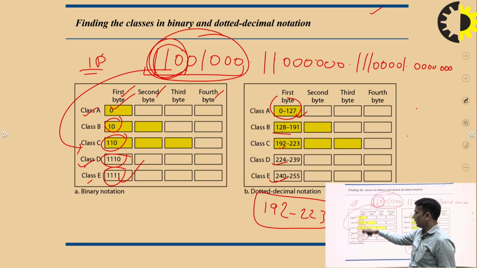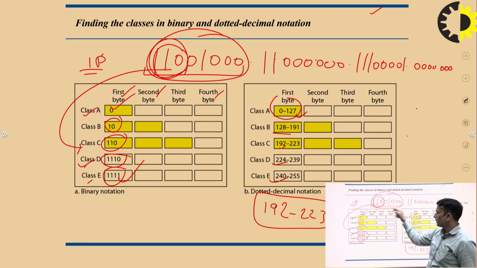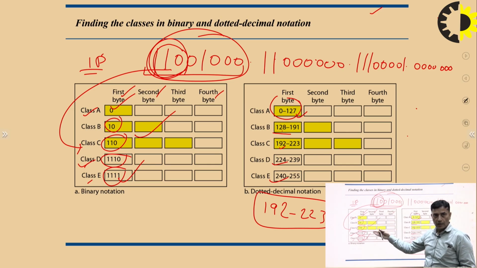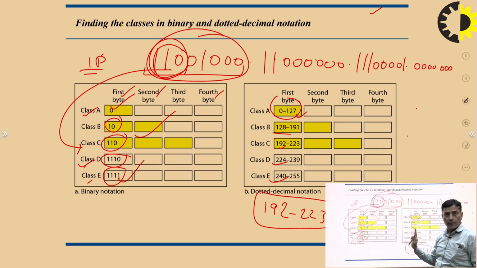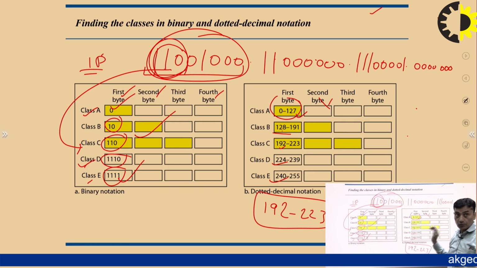So this is very crucial, no? 0, 10, 110, and 1111. Okay. If the binary form is given, you can easily check here. And if you have no idea about the decimal numbers, suppose you only know this trick of the binary form, no problem.